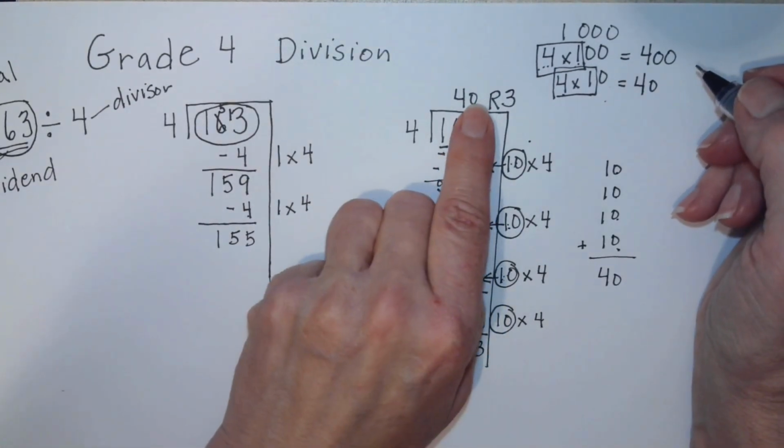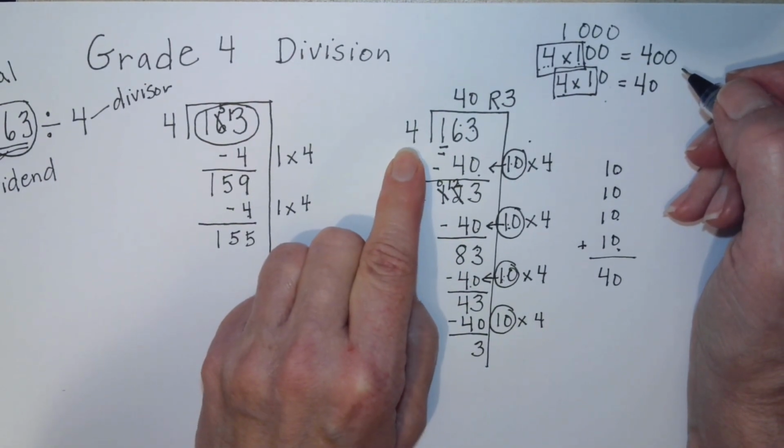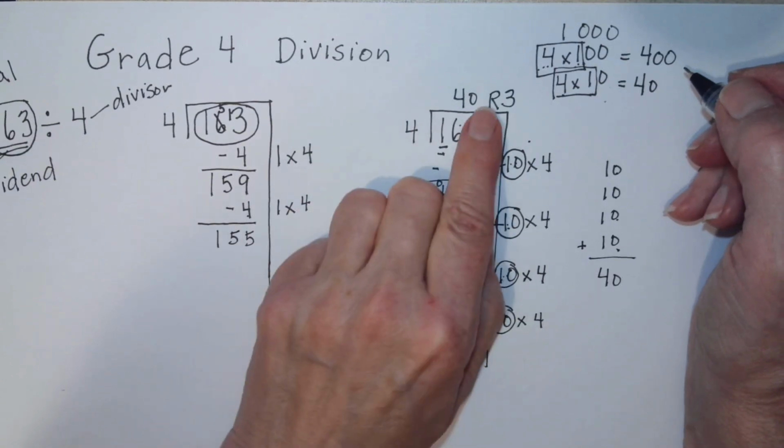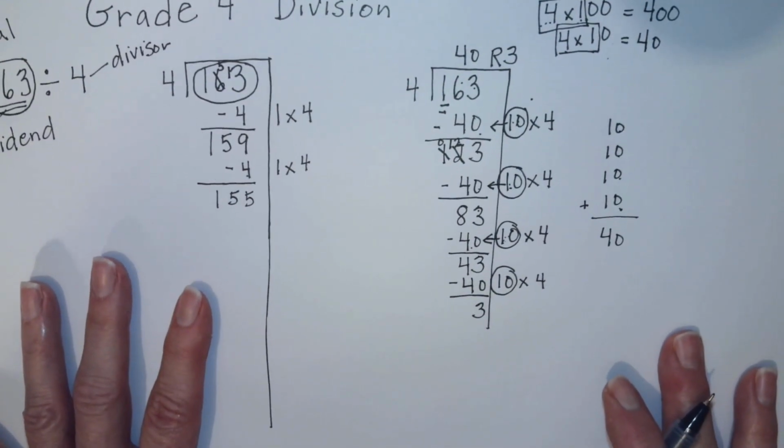So there can be 40 groups of 4. And you know what? I don't know if you've learned this yet, but I'm going to tell you a little trick. And if it confuses you, that's okay. We'll do some more.